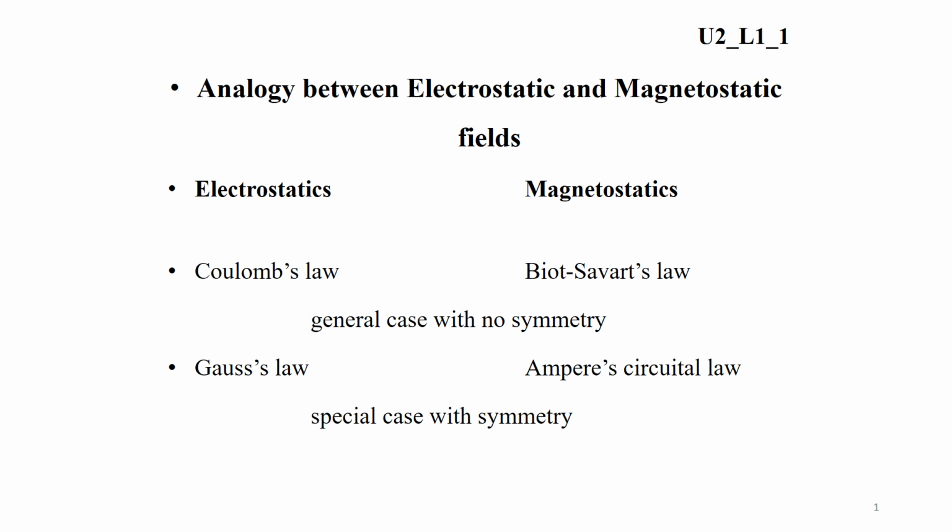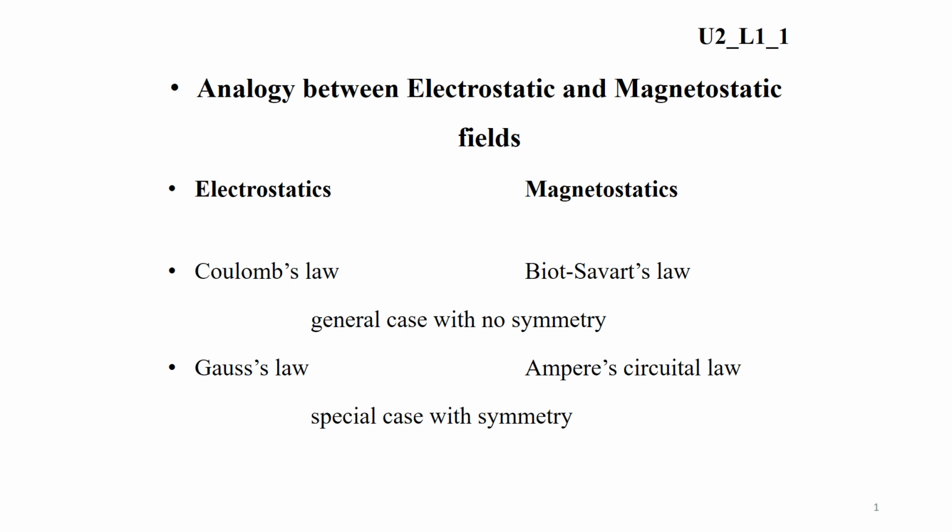Next, in the last unit, that was on electrostatics, we had seen that there were two basic laws which we used to calculate the electric field and the electric force between point charges. The first was Coulomb's law.